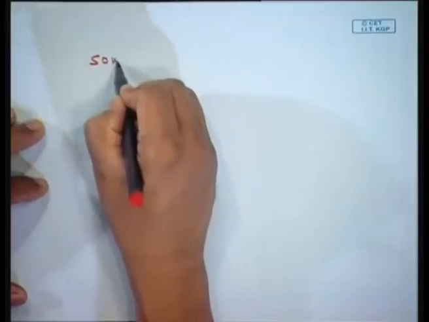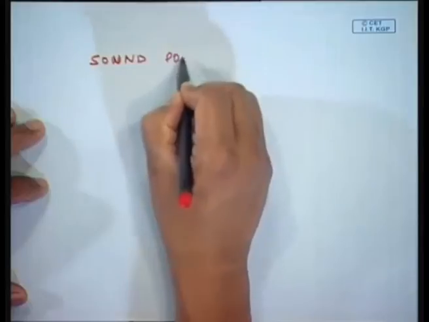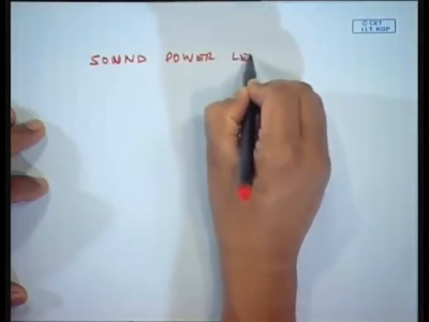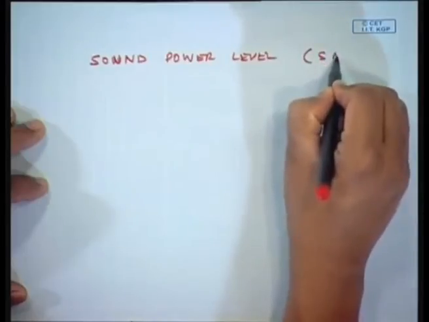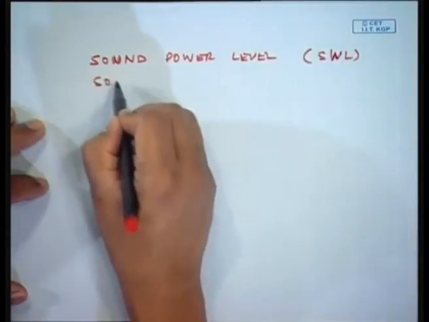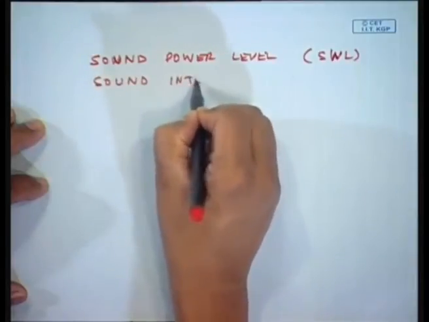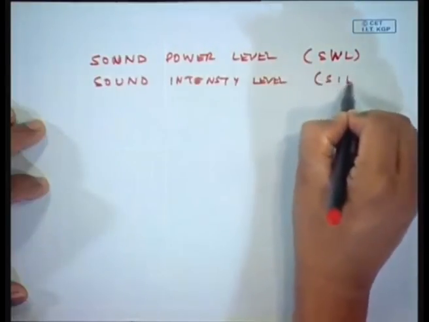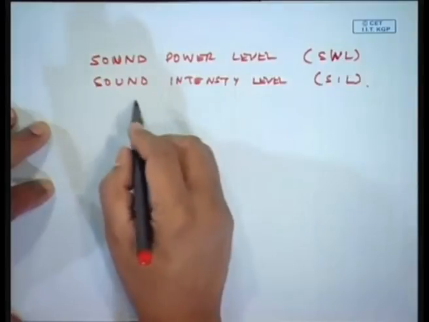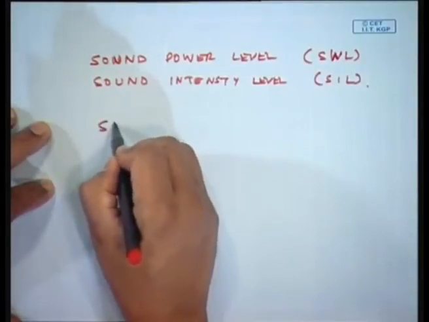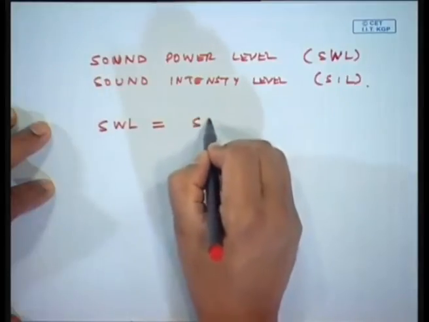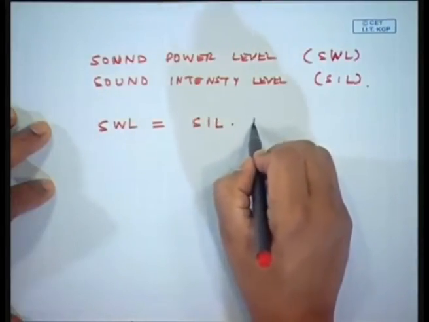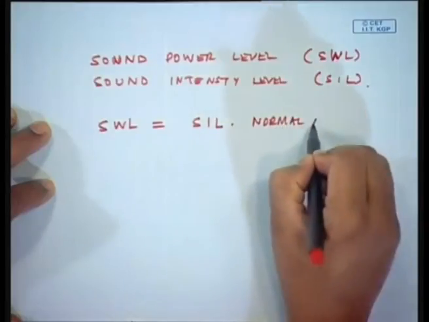There are a few other terms associated with this sound pressure level or in noise monitoring. One is the sound power level, denoted by SWL, and the sound intensity level, SIL, okay. The sound power level is nothing but the sound intensity level times the normal area.